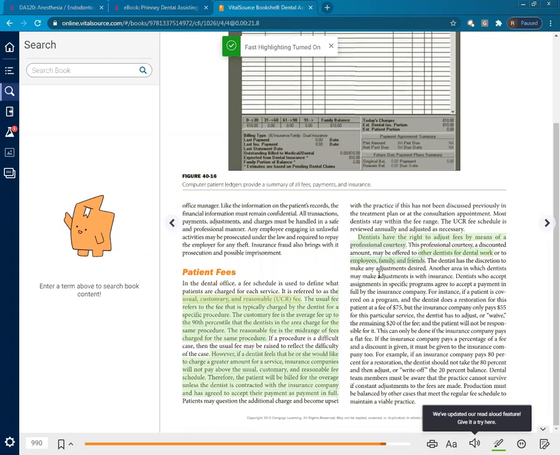They also have the discretion to make any adjustments if they want to. So they have the authorization and the discretion to make any write-offs if they want, or just do stuff for free or whatever. They're in complete control.